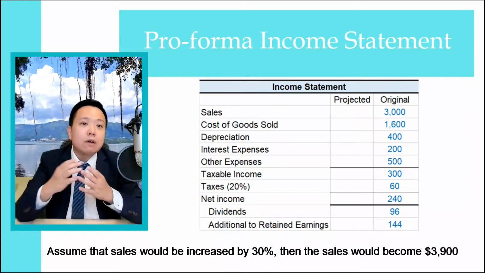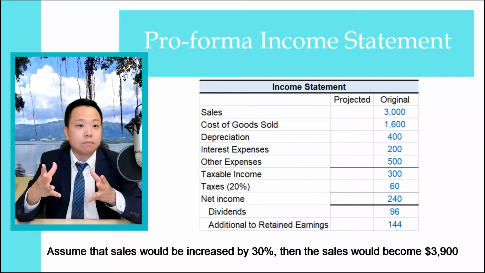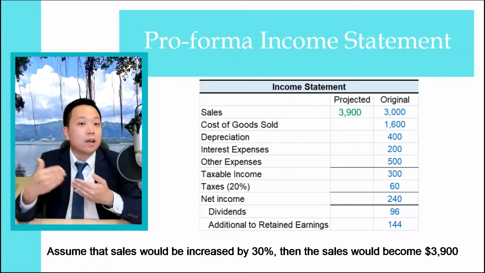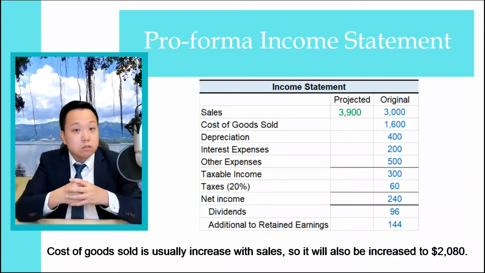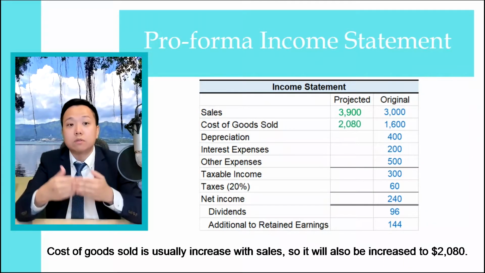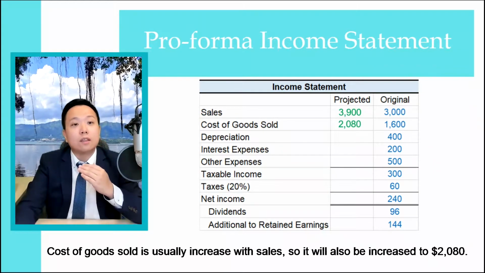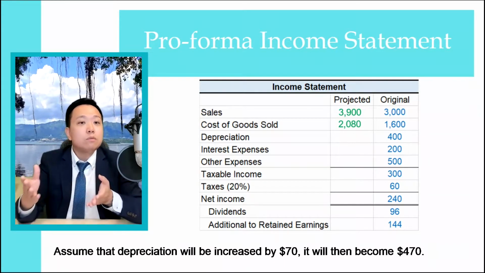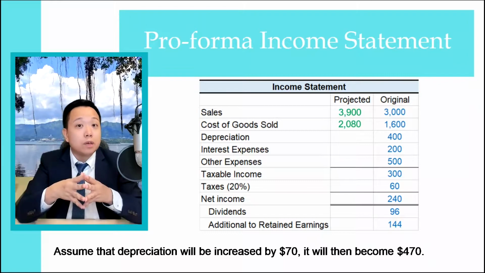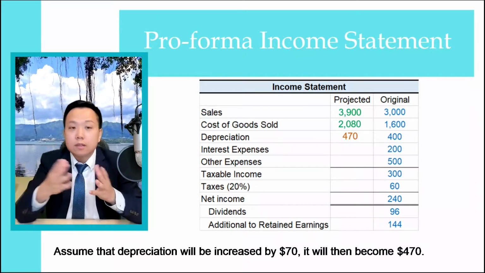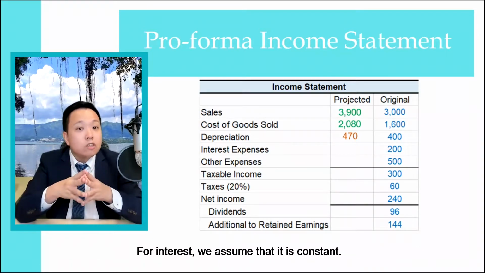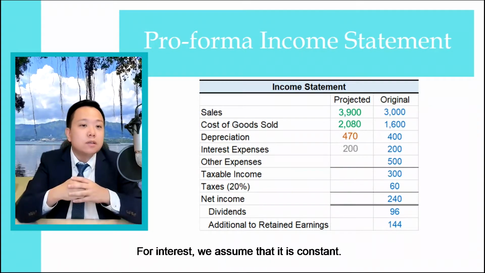Assume that sales would be increased by 30%. Then the sales would become $3,900. Cost of goods sold usually increases with sales, so it can also be increased to 2080. Assume that we also know the depreciation will be increased by 70, then it will become 470. For interest, we assume that it's constant.